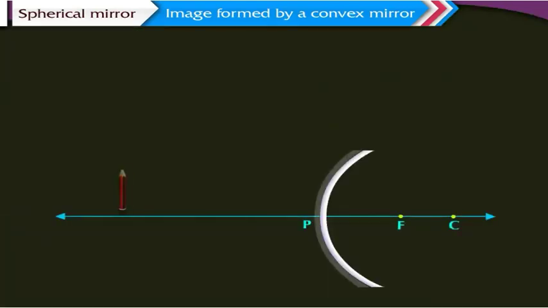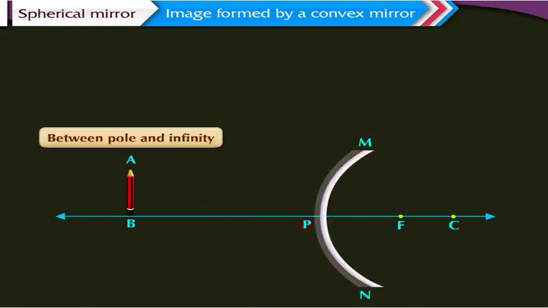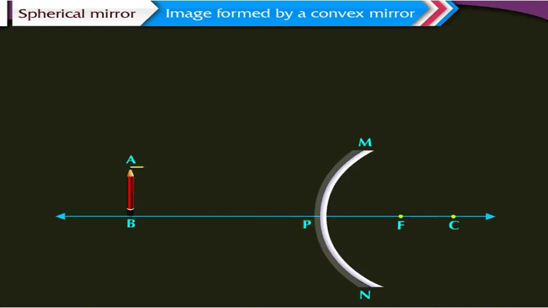Image formed by a convex mirror. Consider an object AB kept in front of a convex mirror MN anywhere between pole P and infinity. A ray of light AQ traveling parallel to the principal axis is incident on the mirror. It gets reflected as a ray QT.